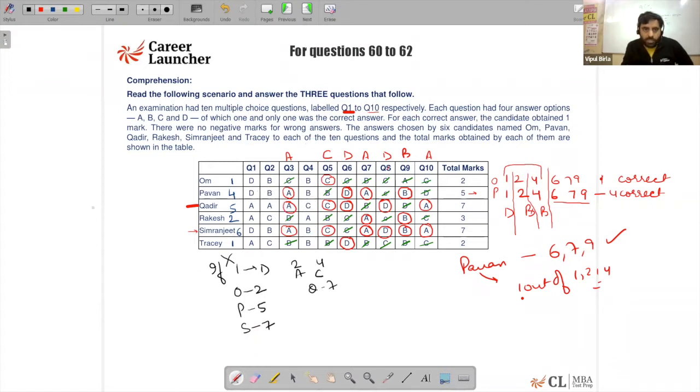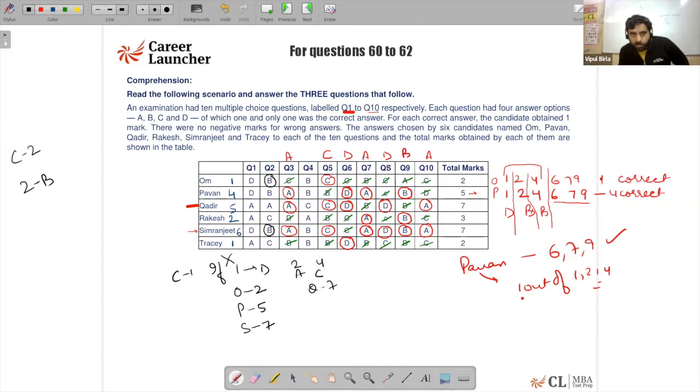Okay. Second case. This was case number 1. Case number 2: if second is B, that means Om got the second correct. So if second is B, then that second B is correct for Simranjeet as well.